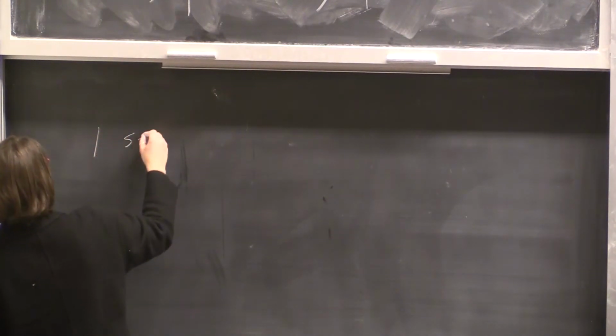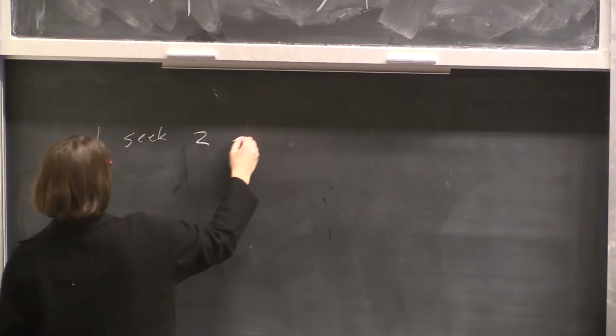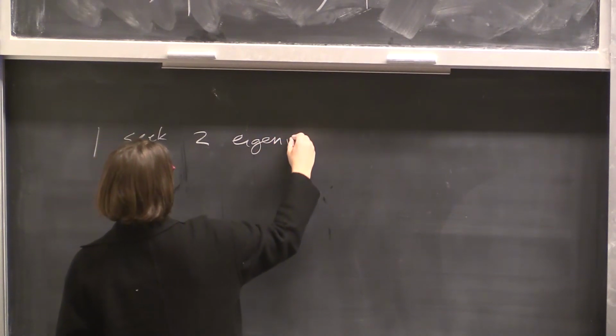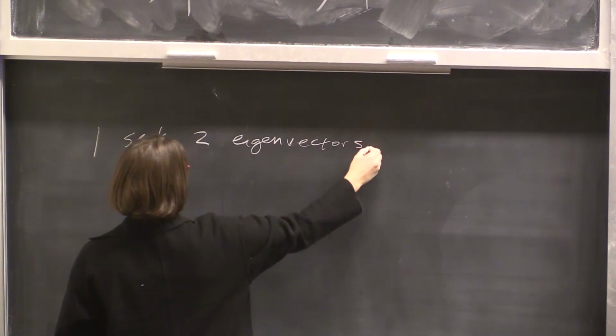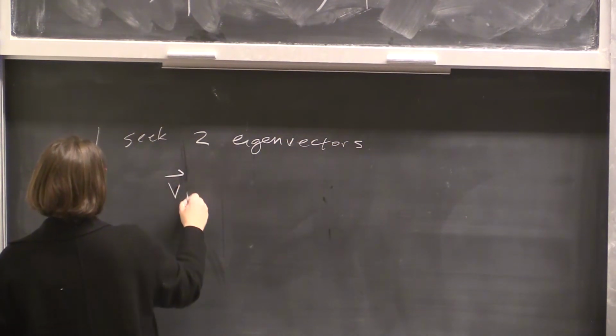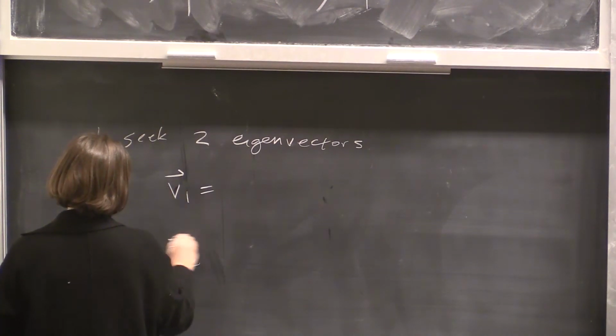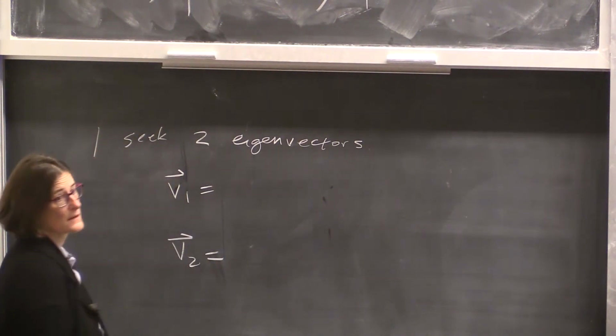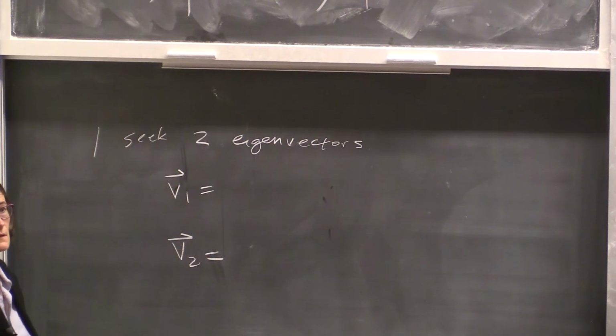So I seek two eigenvectors, v1, v2. Geometrically, please give me what you would hope would be two eigenvectors and what you would hope would be the corresponding eigenvalues, and then we will check it afterwards.